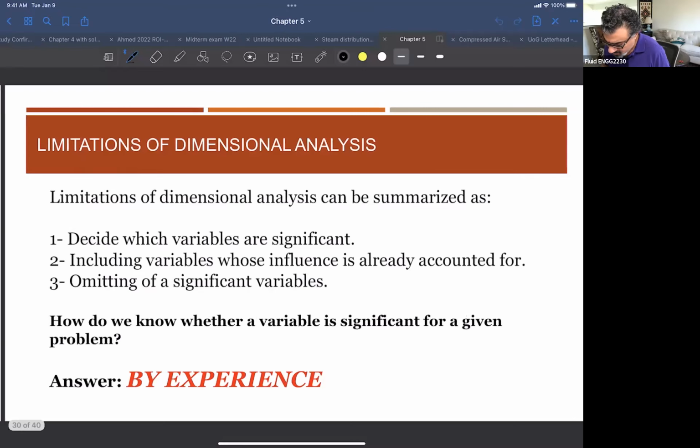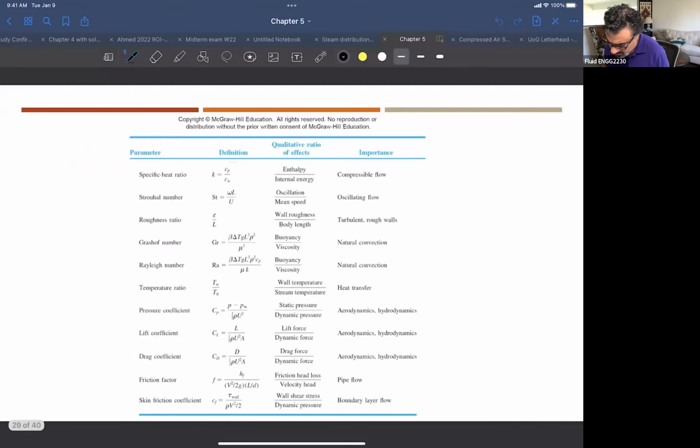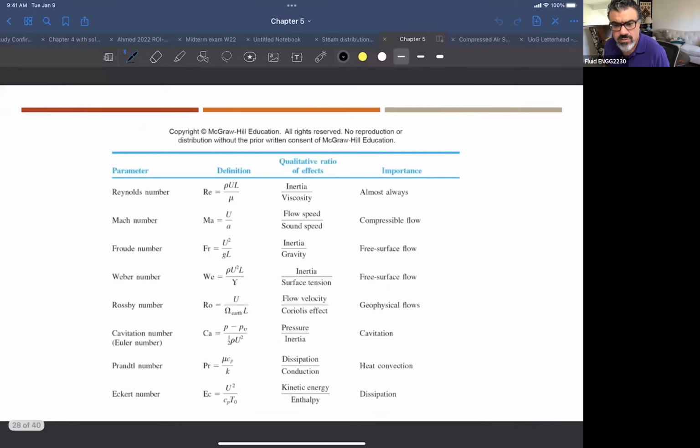in the fluids, right? And if you remember, I listed these tables for you last time, just presenting some of the very common numbers or non-dimensional numbers in the fluid mechanics subject, but you can extend this to many other parameters or dimensionless numbers in other topics.